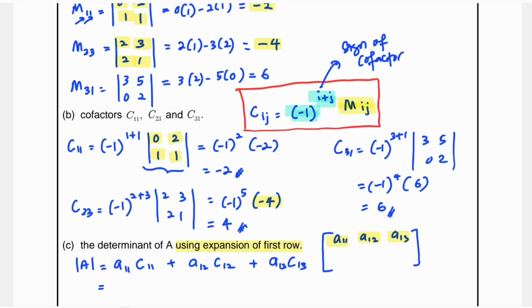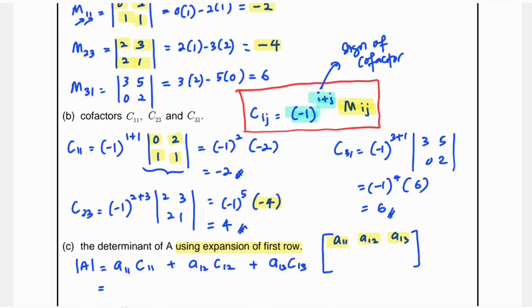So what is meant by the sign of cofactor? Every substitution of -1 to the power of i plus j will give you an alternating value between +1 and -1.